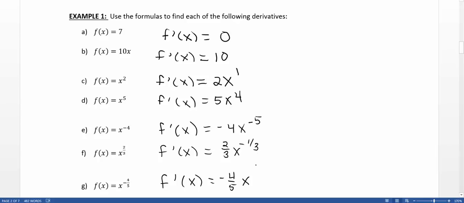Negative 4/5 minus 1 is negative 9/5. So here, applying the rules that we have so far, we're able to take the derivative of all sorts of functions where our variable is in the base and we have a numeric power. Now your variable doesn't have to be x. We could have used f of t or c of q. If we change the variable, the rule doesn't change. But here, we're using x just to get us started and used to these formulas.